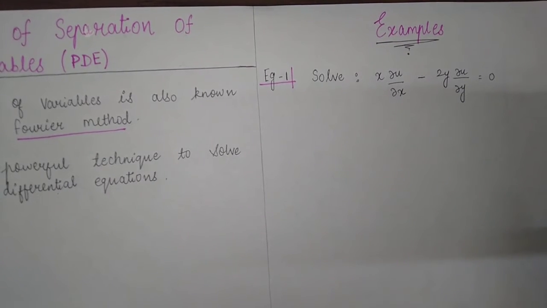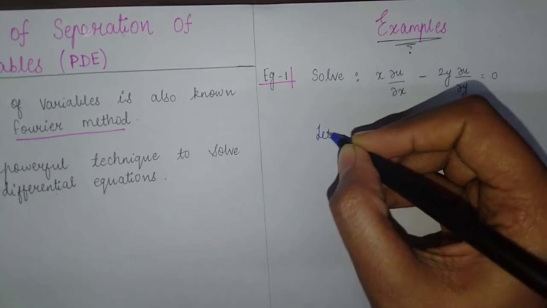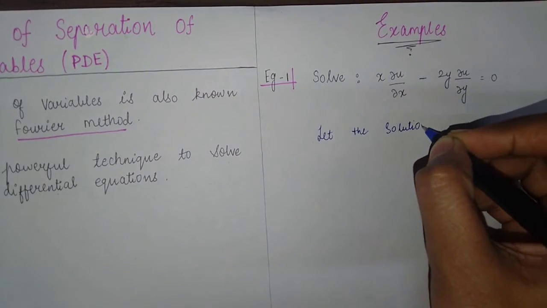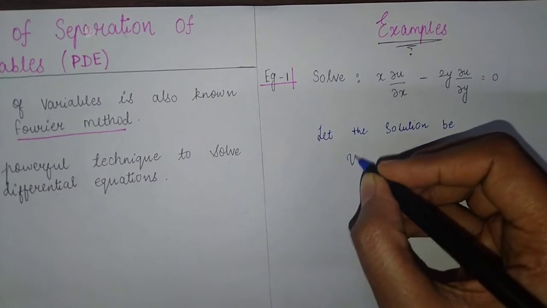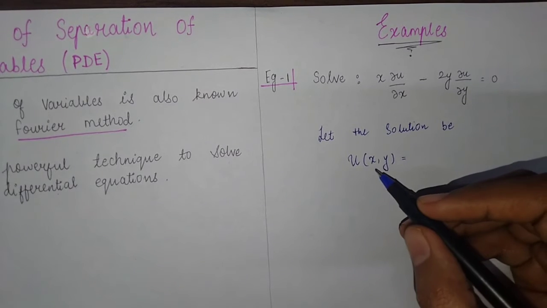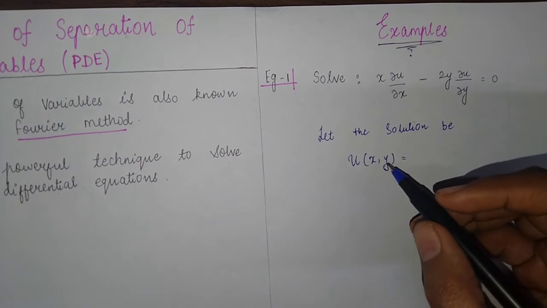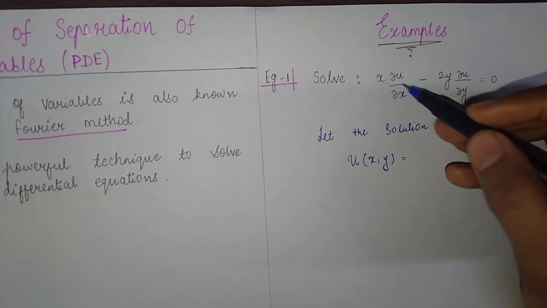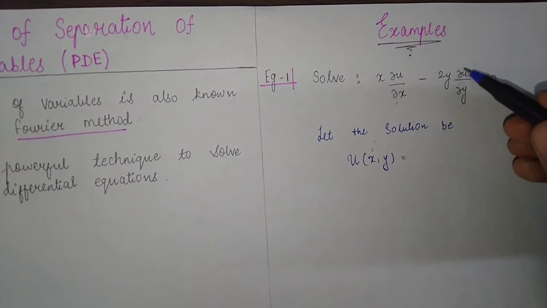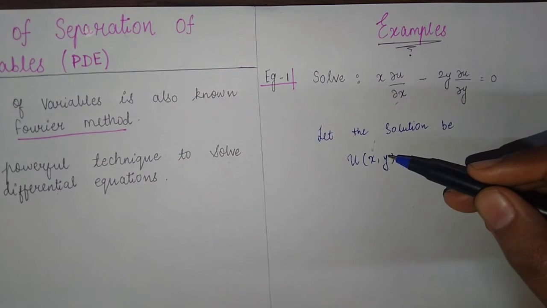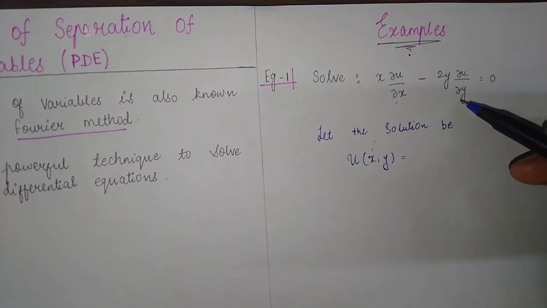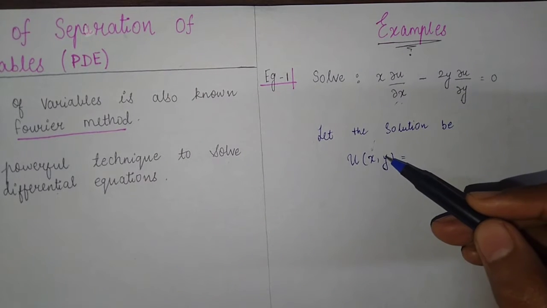First of all, we write: let the solution be u(x, y) equal to. Why have we written x comma y? Because the first term is del u by del x, so we write x, and the second term is del u by del y, so we write y. If it was del u by del t and del u by del m, then we would write t comma m.